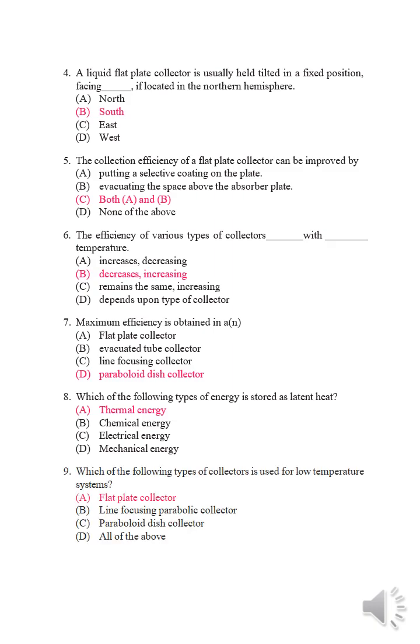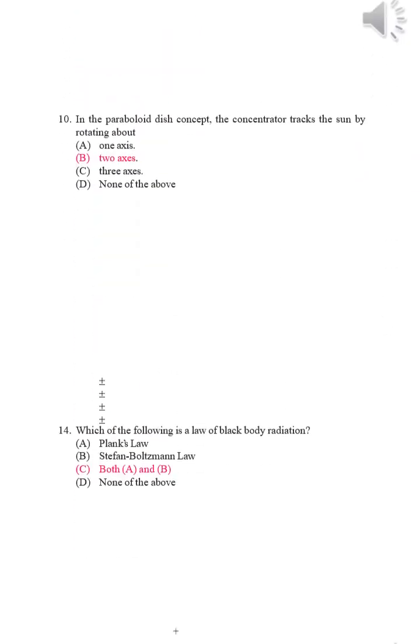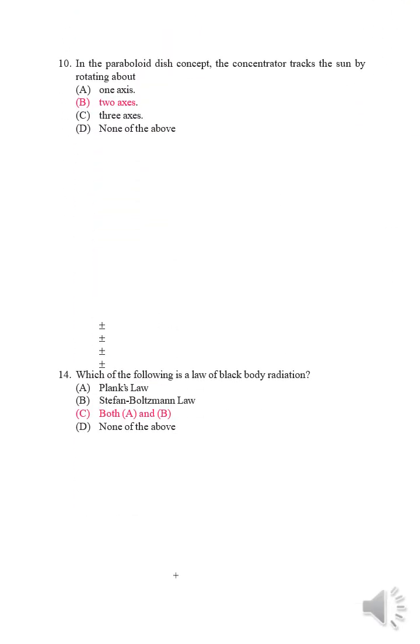Next: which of the following collectors is used for low temperature systems? For low temperature systems we are using flat plate collectors. In the parabolic disc concept, the concentrator tracks the sun by rotating about one axis, two axis, or three axis. So the correct answer is two axis.